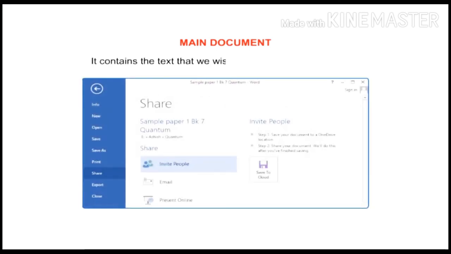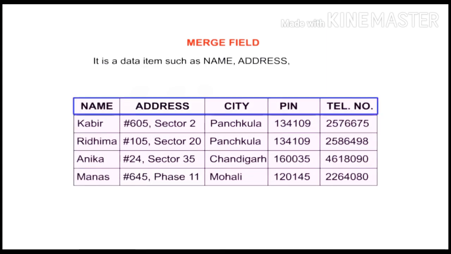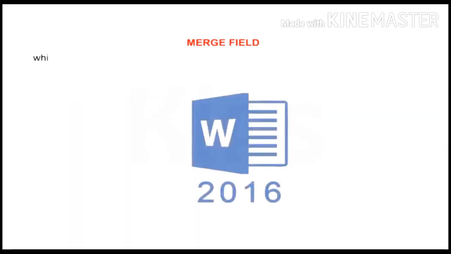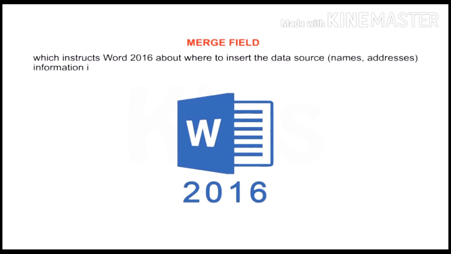It contains the text that we wish to send to all the recipients. Merge field. It is a data item such as name, address, city, PIN, etc., which instructs Word 2016 about where to insert the data source names, addresses, information in the main document.